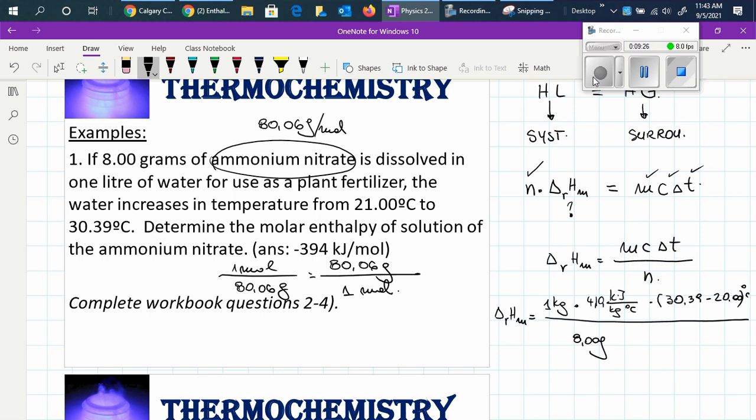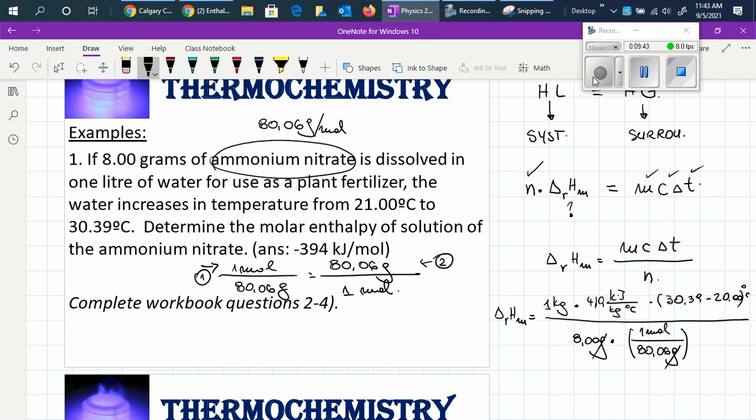So then, in order to cancel the grams, we will use ratio 1 and not ratio 2, so that we'll have 1 mole over 80.06 grams.